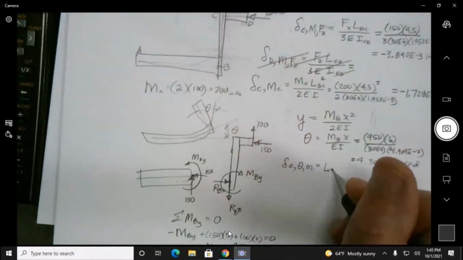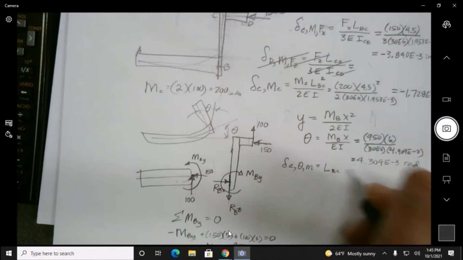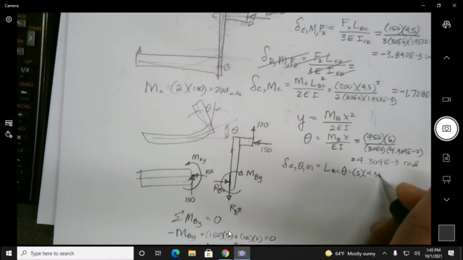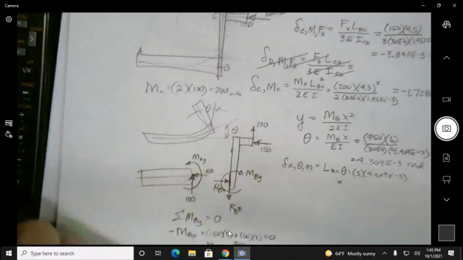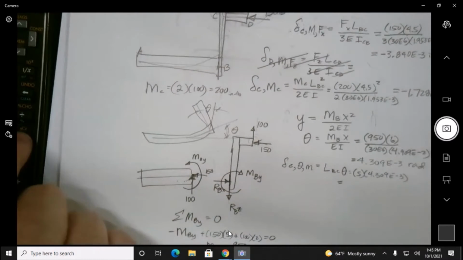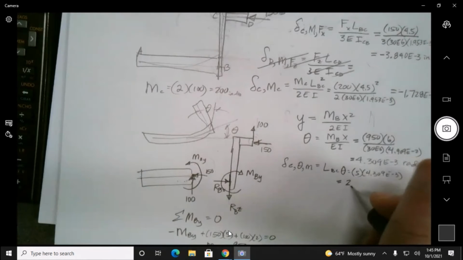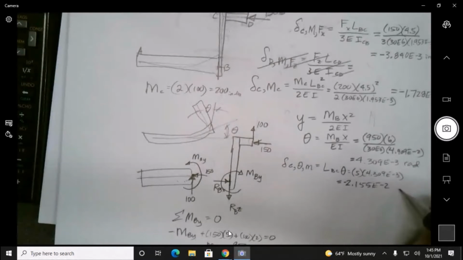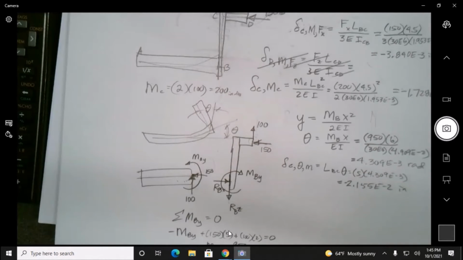BC times that theta, or 5 times our 4.309 E minus 3. So 5 times that, we get, of course it's negative, 2.155 E minus 2 inches.